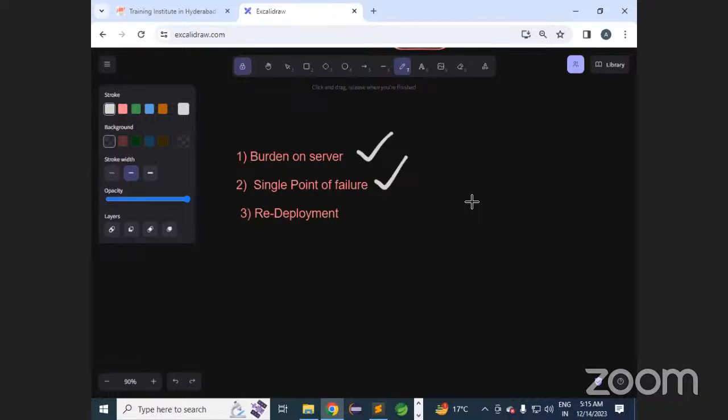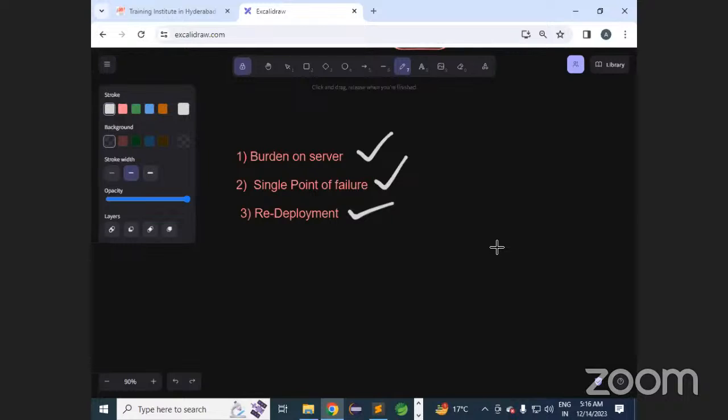If there is a problem at one place, the entire application will be down. The third problem is redeployment. If there is a change in the train booking functionality, you need to redeploy your entire application, which will take a lot of time. These are the challenges when we develop the project using monolithic architecture.